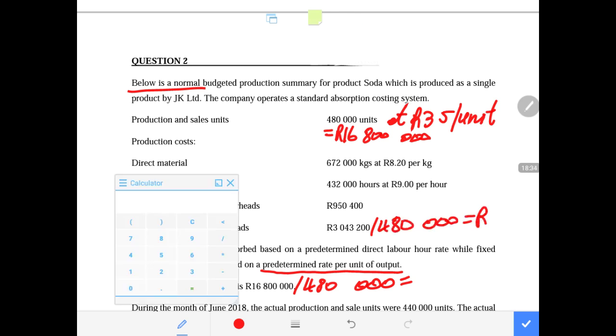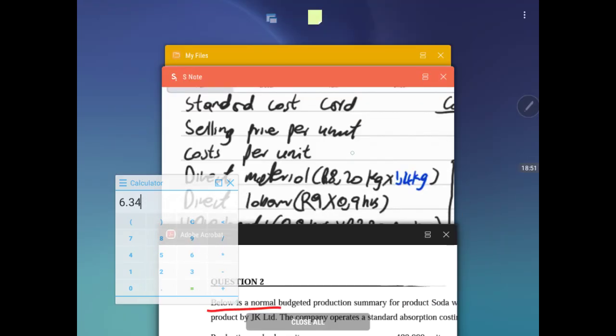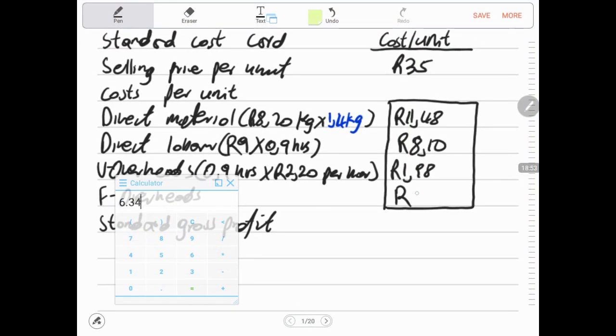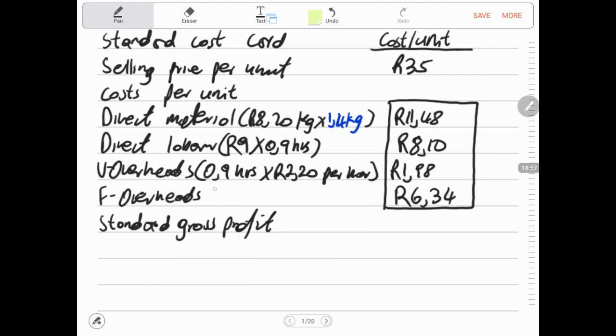Then we have 3,043,200. Divide this by 480,000. This gives us 6 rand 34 cents, and the 6 rand 34 cents is already per unit, and our fixed overheads are based on the output of every production. So now based on production, that will be 6 rand 34 cents.